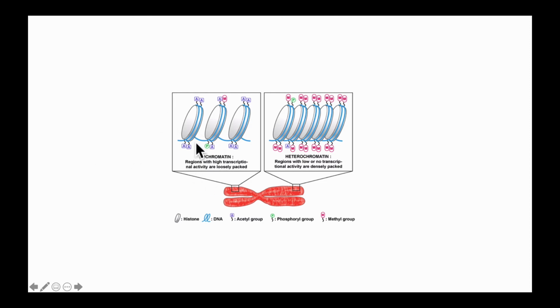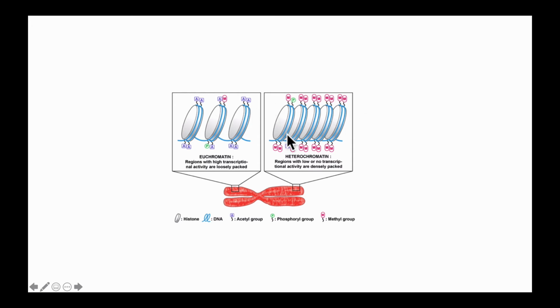So therefore, you can't condense it that much. So it's loosely packed. When the time comes that you need to get some information, you can make this even looser, for example, and then start to translate as you need to go about. Whereas this part over here doesn't do anything.